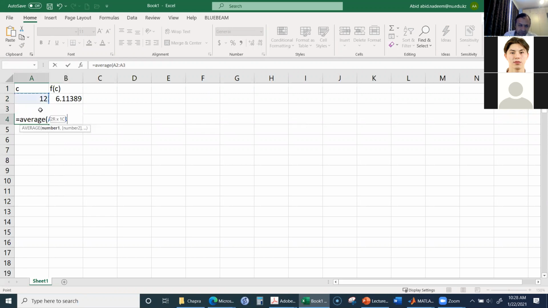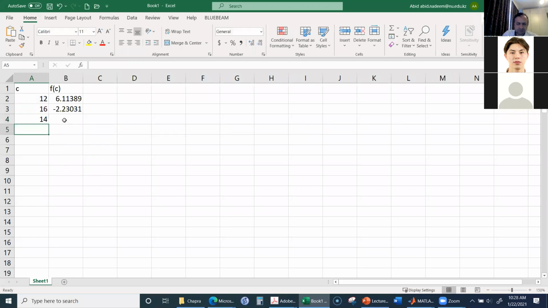So it is the average of 12 and 16. We determine this value and get 1.611. So for 14 it is plus, for 16 it is minus, and for 12 it is plus. So now the next root is between 16 and 14.